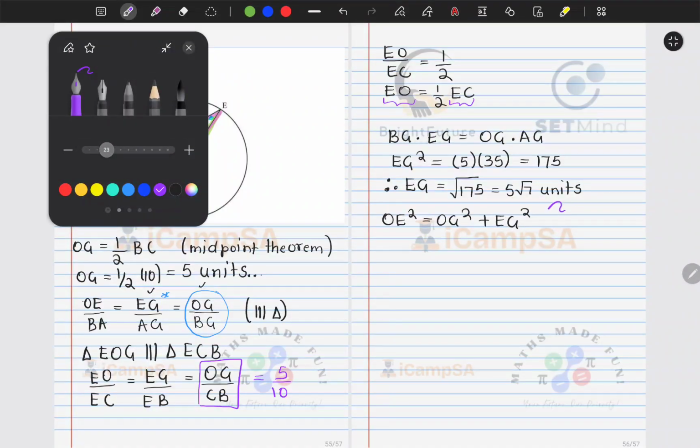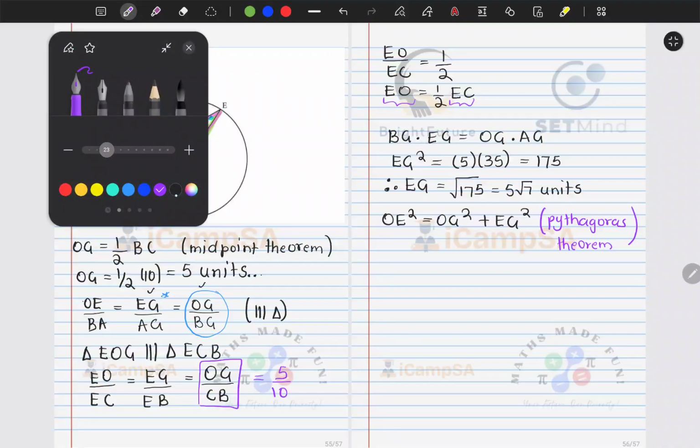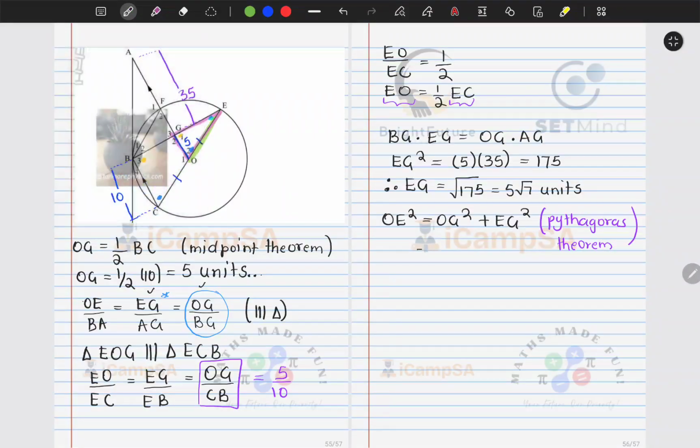This here is nothing deep but your Pythagoras theorem. And you will see that our OG is 5 squared, plus 5 square root of 7 all squared. This here will end up amounting to 200. That will be our OE all squared.